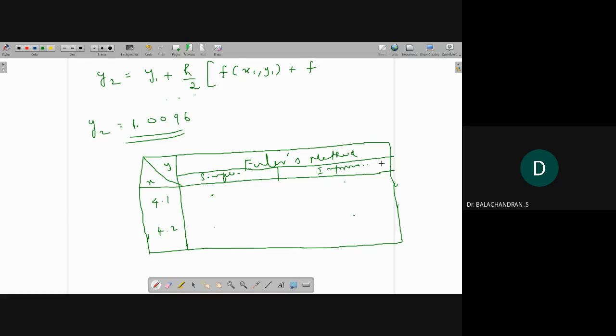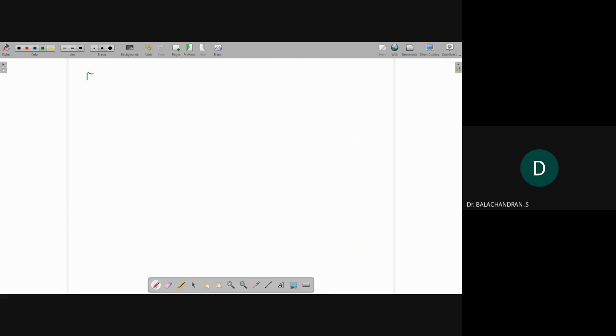Now the next method is the modified Euler method. I will give the formula for the modified Euler method, and we will solve the problem in the next class. The procedure is the same.